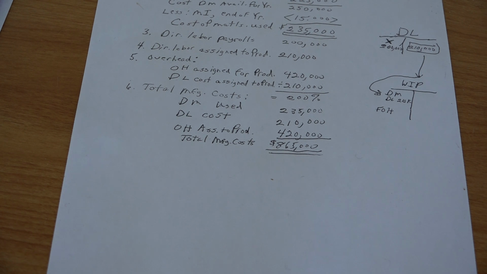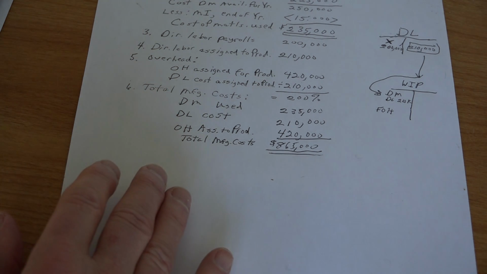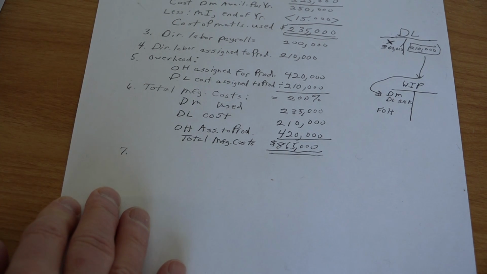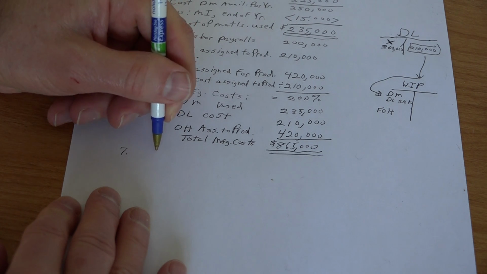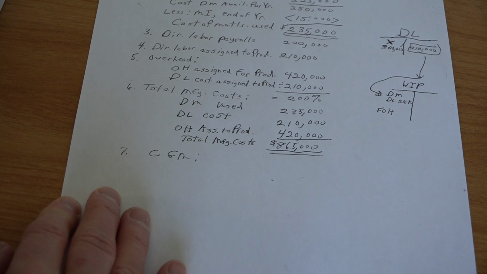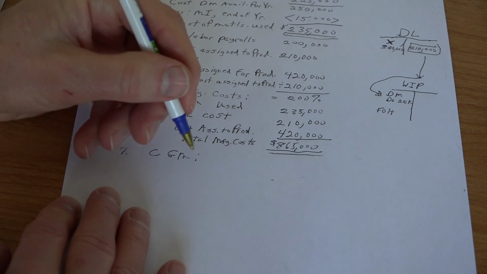You have work in process at the beginning of the year of 8,000. You have end of year work in process of 10,000. And so you're going to take those numbers as well as the total manufacturing costs to come up with cost of goods manufactured. Okay, so I'll just say CGM, cost of goods manufactured.